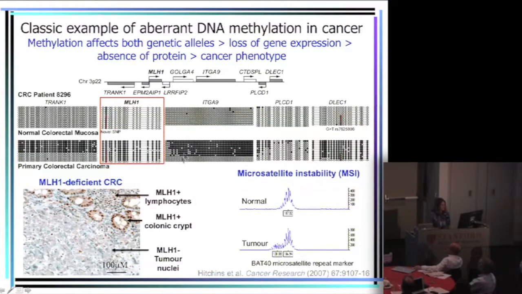But you can see also that the neighboring genes are also variably methylated, which is possibly a passenger effect, but also a mechanism that we've termed long-range epigenetic silencing, where entire regions are compacted.